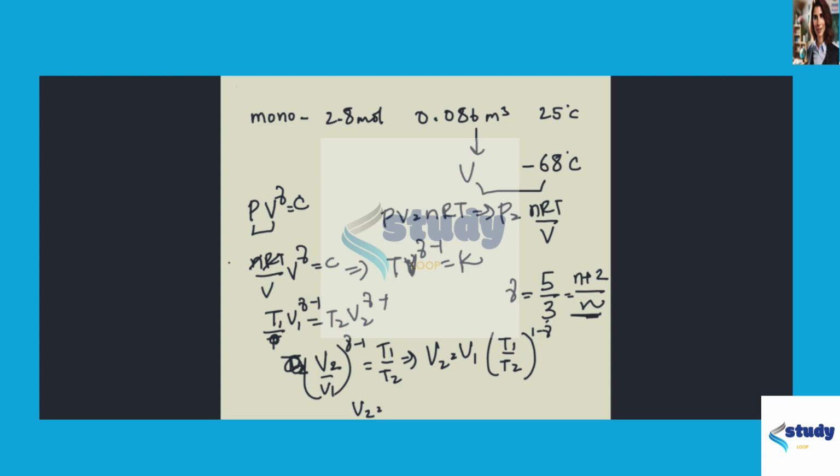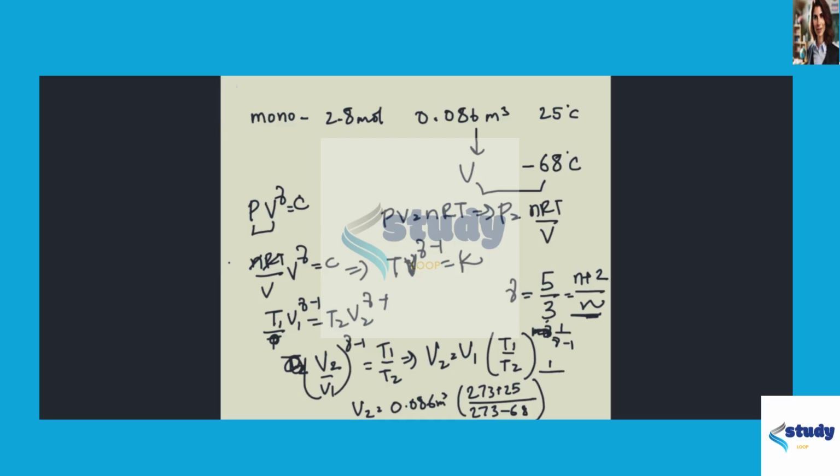So V2 is equal to 0.086 meter cube times the initial temperature was 25 degrees Celsius, so that's 273 plus 25 in Kelvin, divided by T2, the final temperature was 273 minus 68, whole power 1 by gamma minus 1. I'm sorry, it's not 1 minus gamma, it's 1 by gamma minus 1.